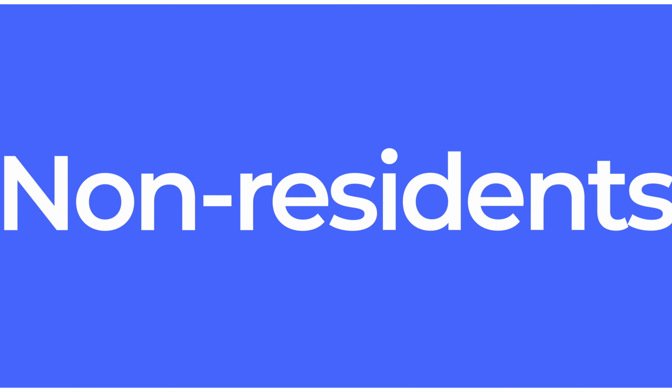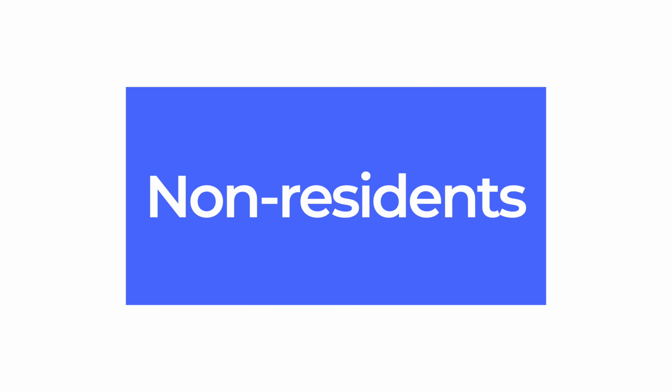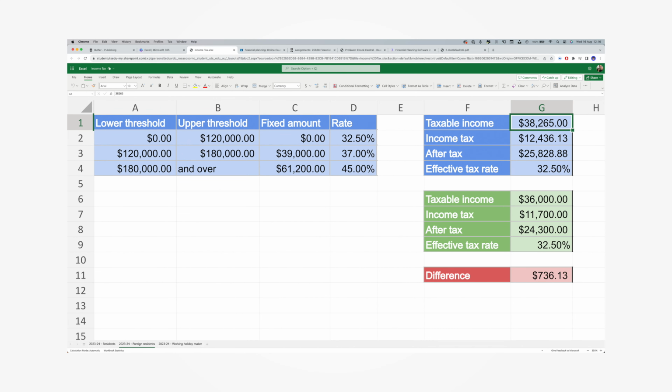Now, as for foreign residents, people that do not live in Australia perhaps, but are making money in Australia through a business or through many different kinds of sources, they would be paying a much larger tax. So these are the rates that would apply to them. As you can see, there is no tax-free bracket. As soon as they make $1 here in Australia, they would have to pay 32.5% of income tax on that dollar.